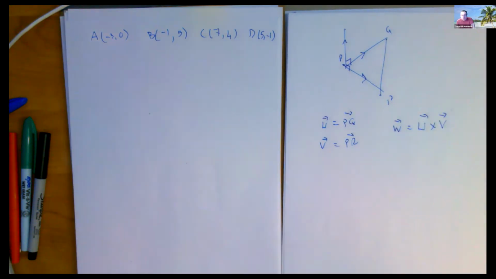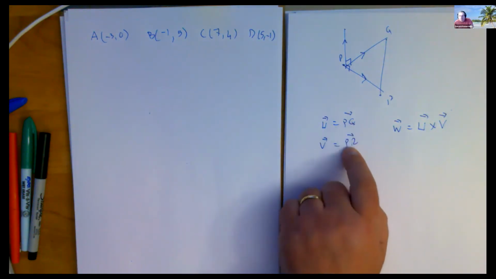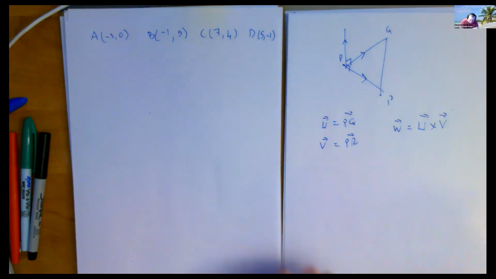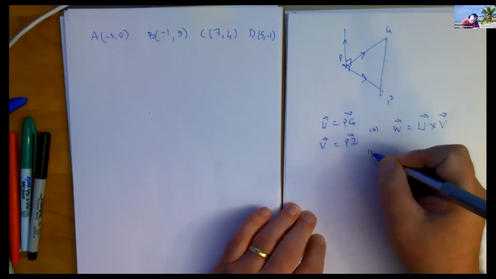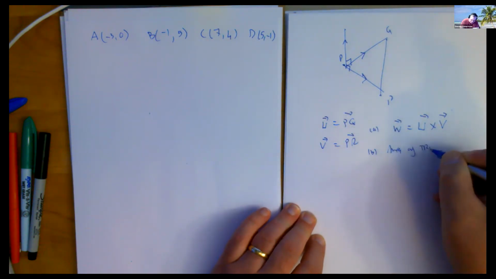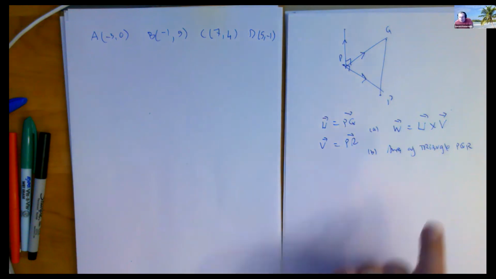So do you see that was a disguised find the cross product where you had to do a little bit extra work. You had to find PQ and PR, and then you do the cross product of them. Now that was A. B was the area of the triangle. We're almost there.